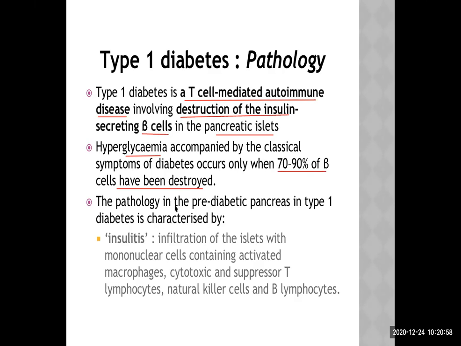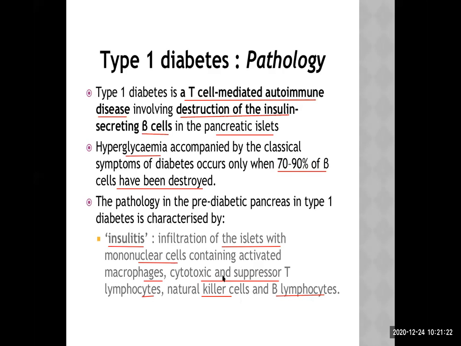The pathology regarding this, okay, is insulitis in the beginning. Now, see there, insulitis is the infiltration of the islet with mononuclear cells containing activated macrophages, cytotoxic and suppressor T lymphocytes, natural killer cells, and B lymphocytes.